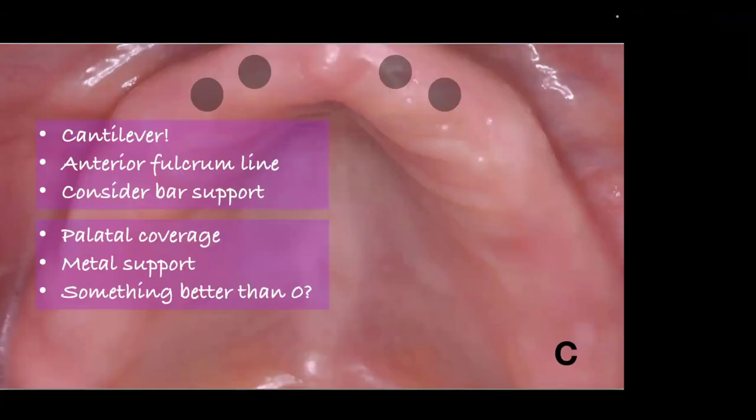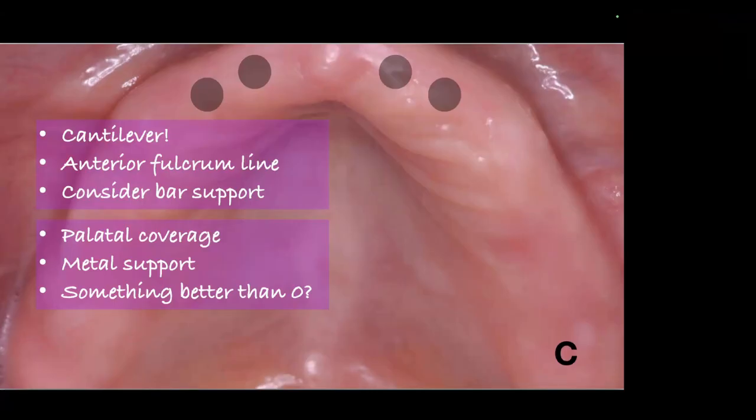If you need a fixed restoration, you need more. If you need an implant overdenture, you need even more than that. So I think you need at least 12 to 15 millimeters, maybe even a little more, depending on how much substructure you have here. So you certainly could do a bar with 2 distal cantilevers here just to reduce some of the posterior cantilever, just to give it a little bit more support.